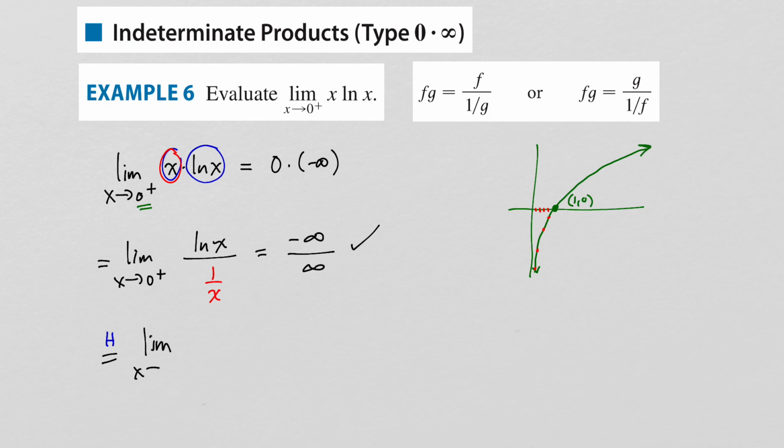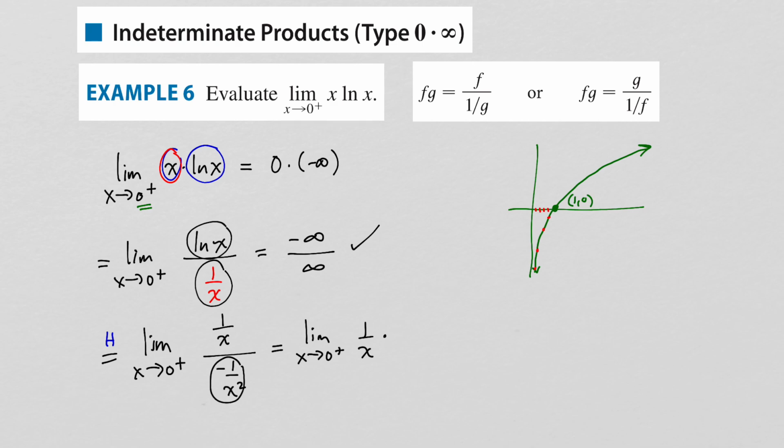So this becomes the limit as x goes to 0. I'm going to take the derivative of natural log of x, which is 1 over x, and the derivative of 1 over x, which is actually negative 1 over x squared. And again, before I evaluate this, I'm going to notice that I can simplify this by multiplying by the reciprocal.